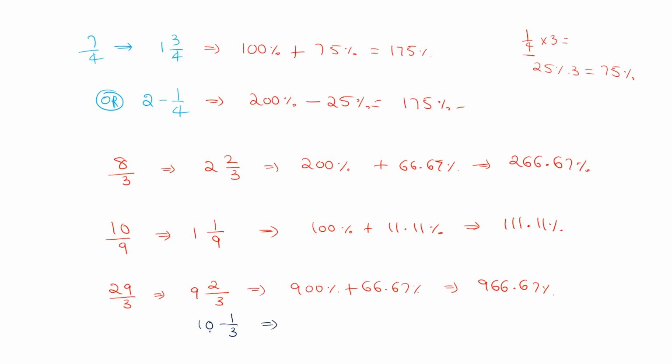For 10 it is going to be 1000%, minus 1 upon 3 which is 33.33%. Now the percentage value of 29 upon 3 is going to be 966.67%. We can write 29 upon 3 as 9 plus 2 by 3 or 10 minus 1 upon 3.